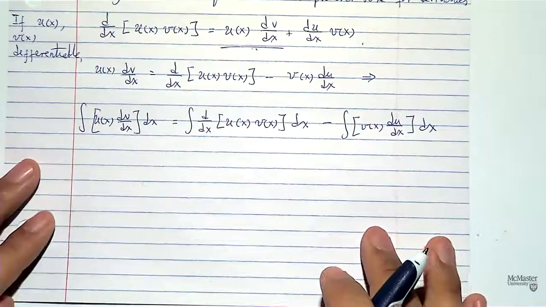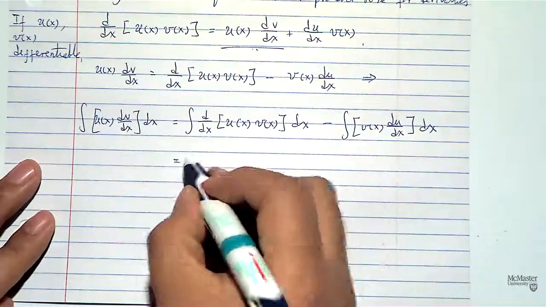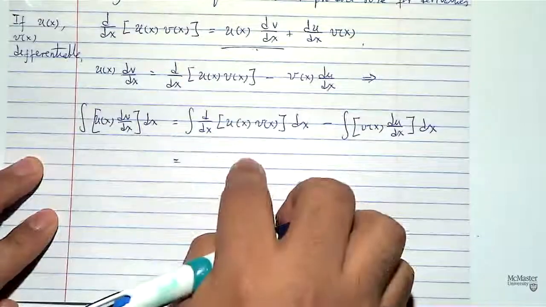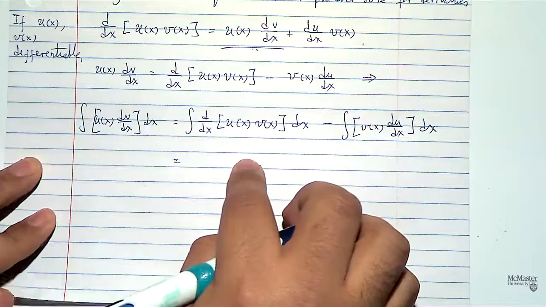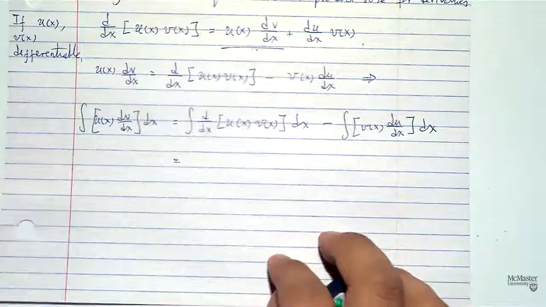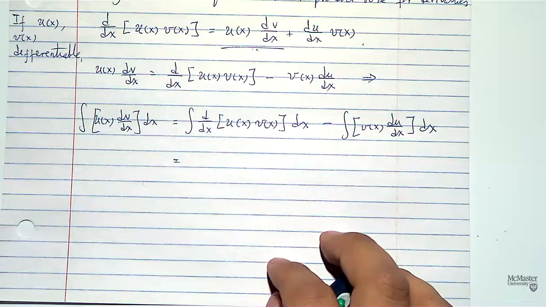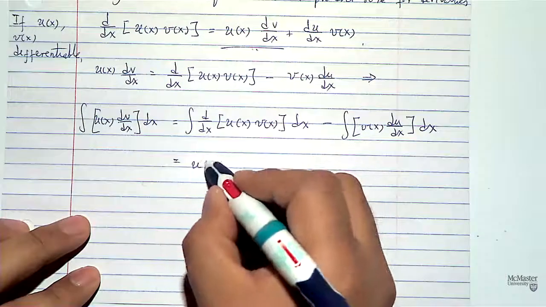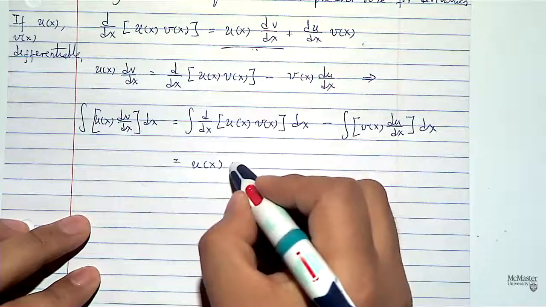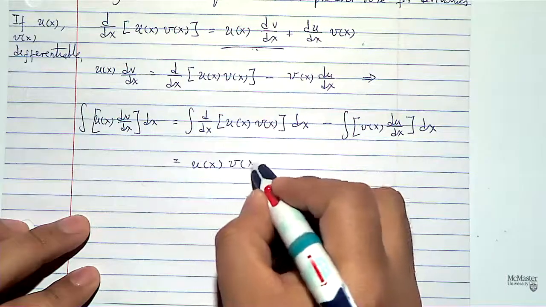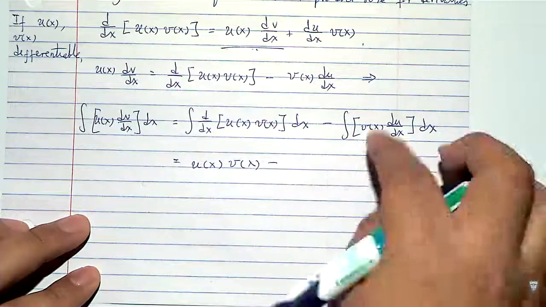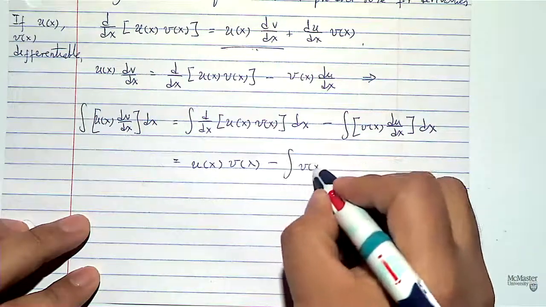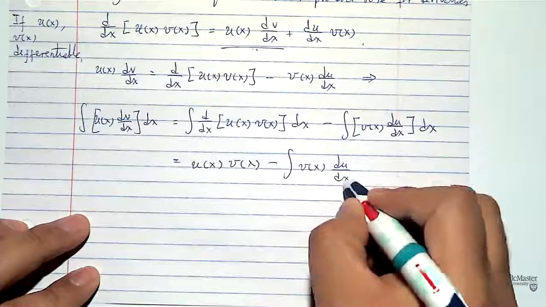I cannot go wrong. The first one is easy because the integral and the derivative, and I'm performing indefinite integrals at this point, are inverse operators. Perhaps I'm omitting the constant of integration, but for the moment it doesn't matter. So here you have the integral of the derivative of this stuff is precisely the stuff, u of x times v of x. Then I have minus the integral of this, v of x du dx, okay?